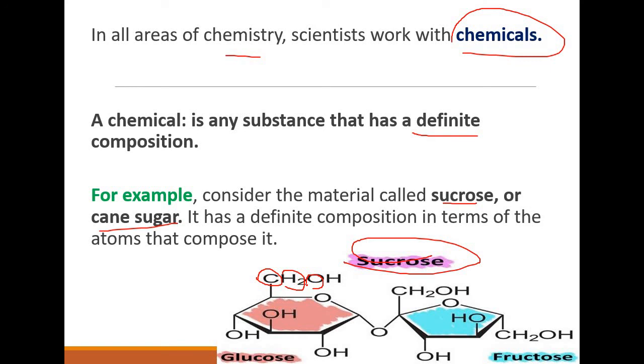What is meant by a chemical? A chemical is any substance that has a definite composition, like sucrose. Sucrose has a definite composition, like in this picture, and consists of carbon, hydrogen, and oxygen atoms.